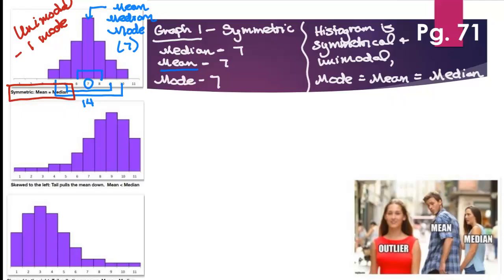So if you have a symmetrical histogram and it's unimodal, the mode is equal to the mean is equal to the median. Brilliant.